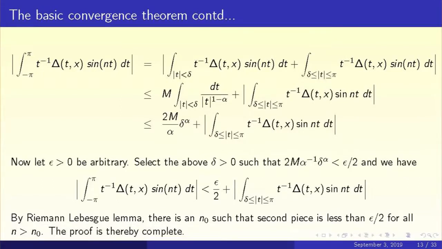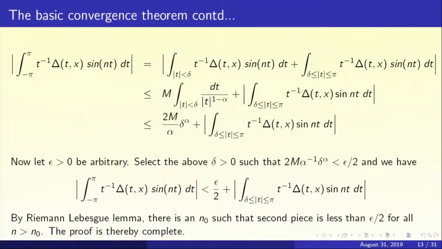But thanks to Holder continuity, the capital delta gets bounded by t to the power alpha. So some power of t gets eaten up by the t to the power alpha, and you get the integral to be dominated by M times the integral of dt by mod t to the power 1 minus alpha over the range mod t less than delta.